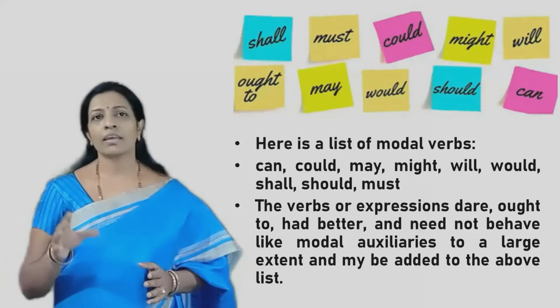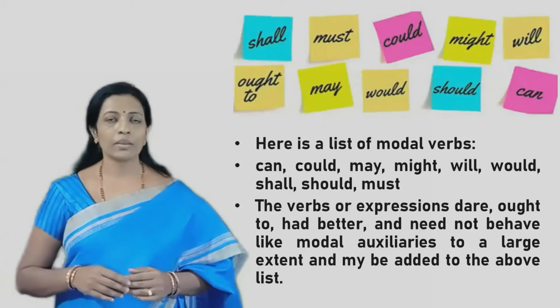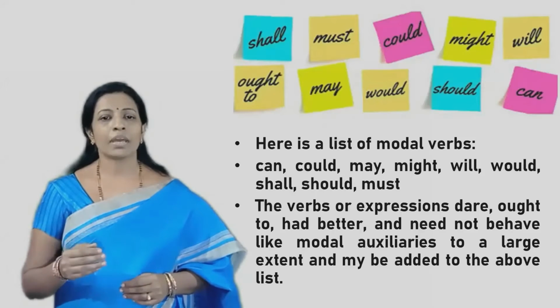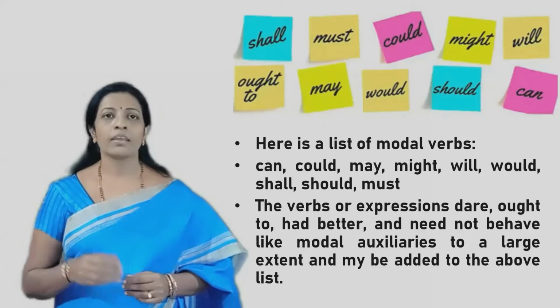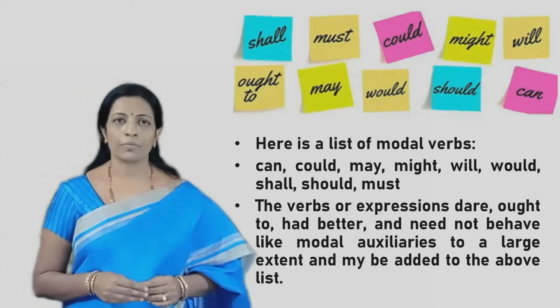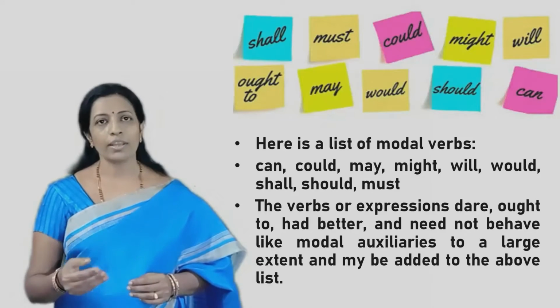Generally, these are the main modal verbs which are used on a regular basis. But along with these, sometimes we also use some words such as dare, ought to, had better, and need not. So, these can also be included as modal verbs.